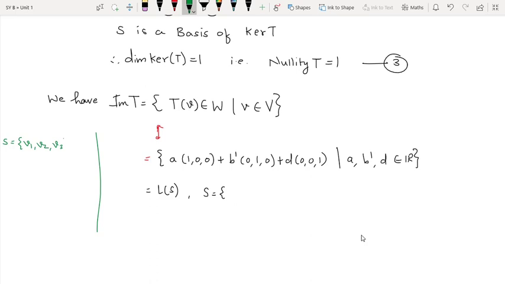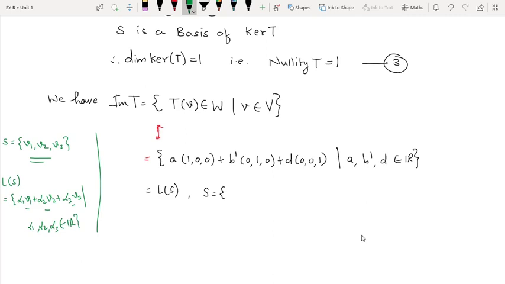Why? Because the linear span of S for 3 vectors looks like alpha1 v1 plus alpha2 v2 plus alpha3 v3, so 3 terms are present, such that alpha1, alpha2, alpha3 belong to R.